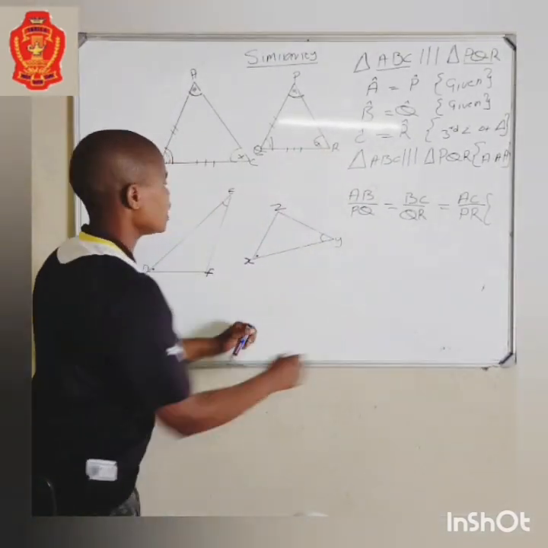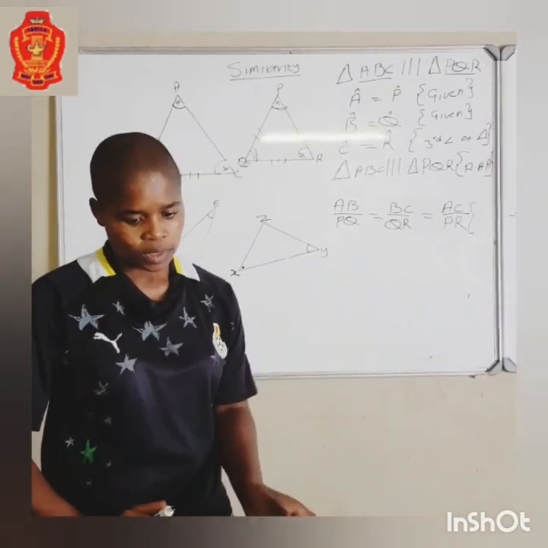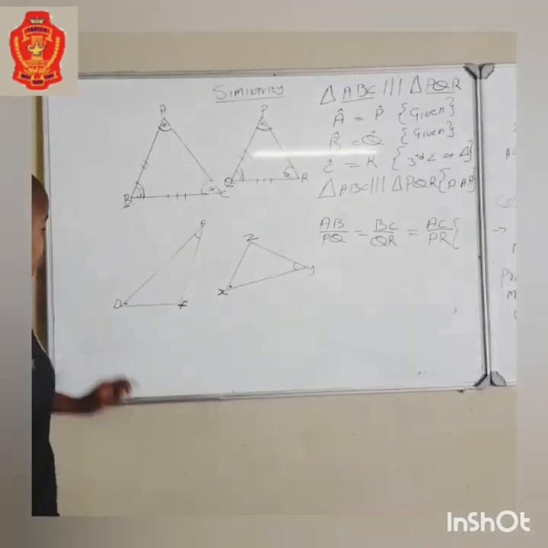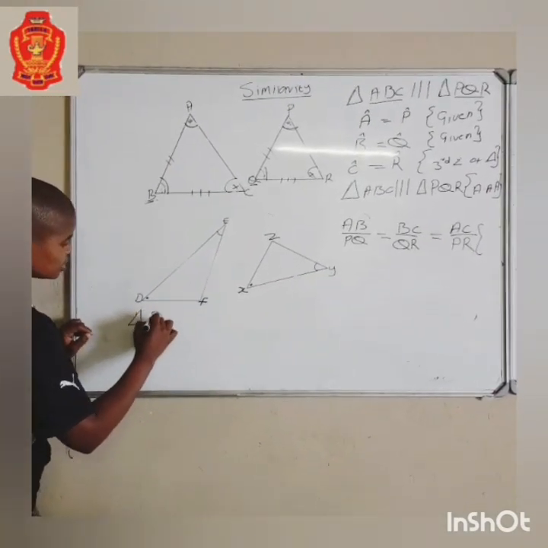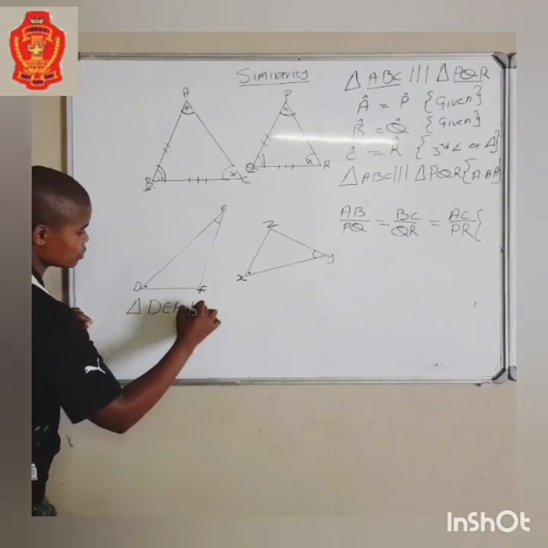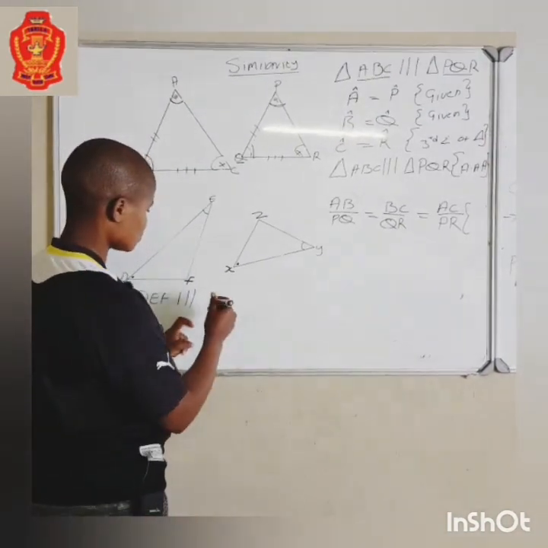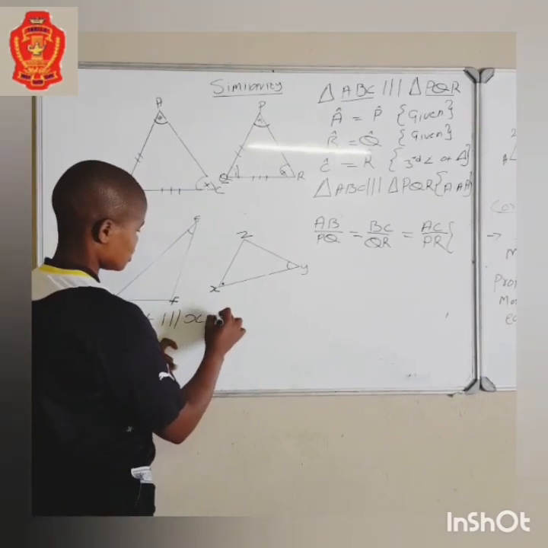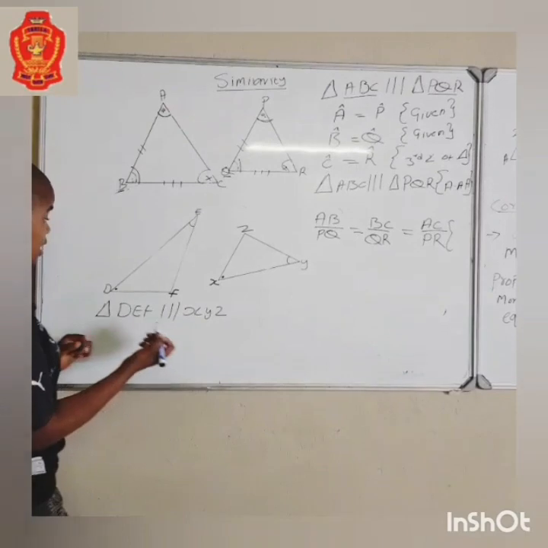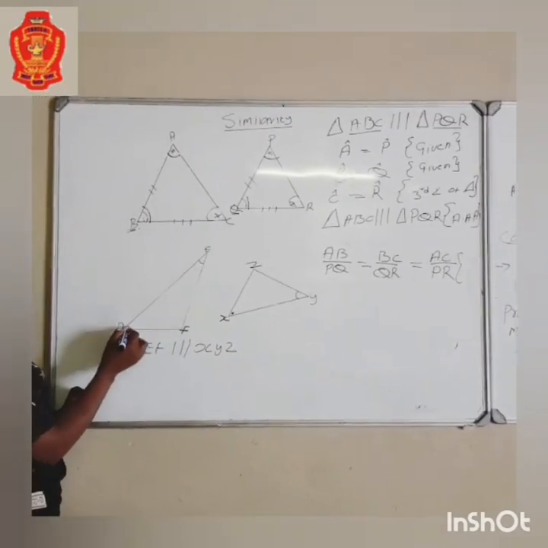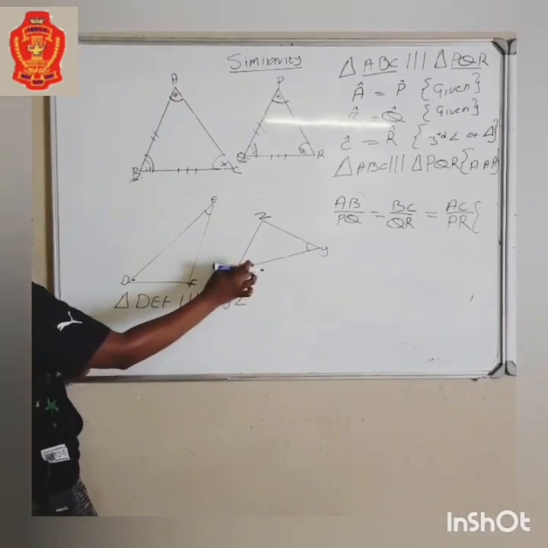Okay, so now I've got triangle DEF, which they say is similar to triangle XYZ. And they have told me that angle D, through these dots, see this dot and this dot, they are telling you that these angles are equal.